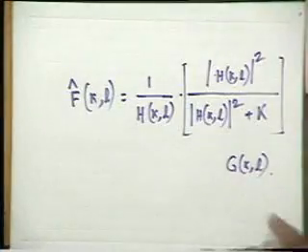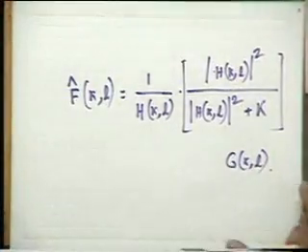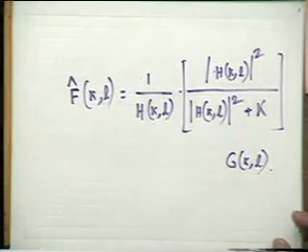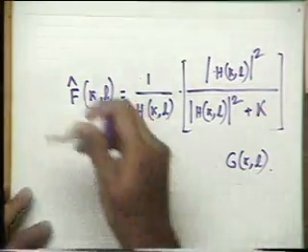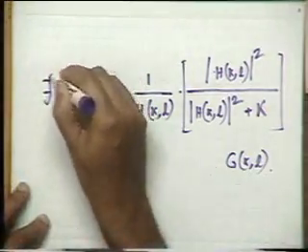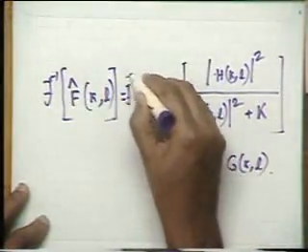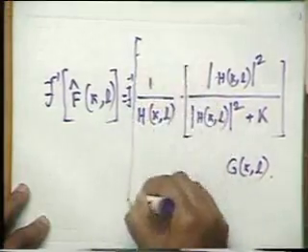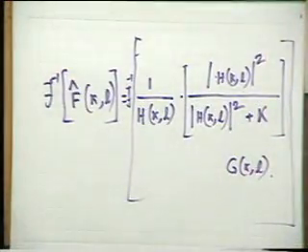So the frequency domain coefficients of the impulse response and the frequency domain coefficients of the degraded image, if those are known to you, you can compute the frequency domain coefficients of the restored image. Now you take the Fourier inverse of this whole expression. What you will get is the restored image.